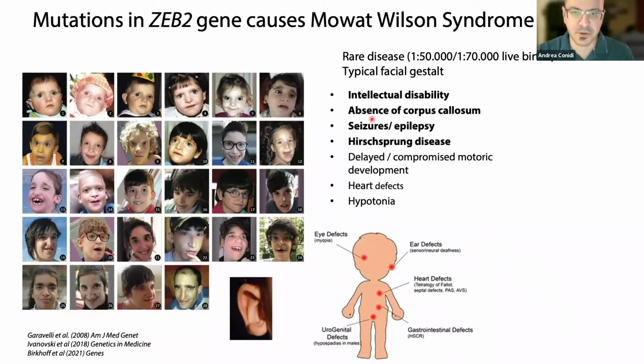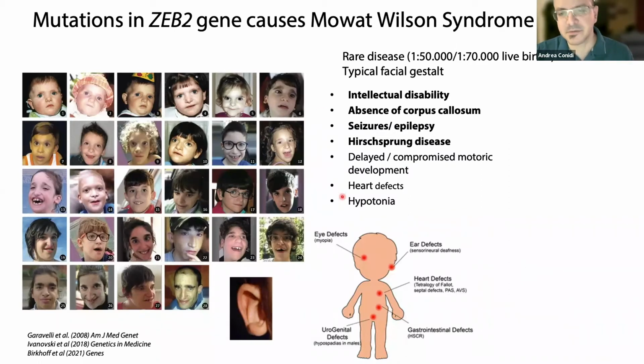They can have total or partial agenesis, absence of the corpus callosum, which is the bridge between the two hemispheres. They suffer from seizures and epilepsy, and they also might have, in 2/3 of the cases, Hirschsprung disease and other defects like delayed motor development, heart defects, hypotonia, and also other defects that are listed in this figure here: eye defects, ear defects, heart defects, urogenital defects, and gastrointestinal defects.